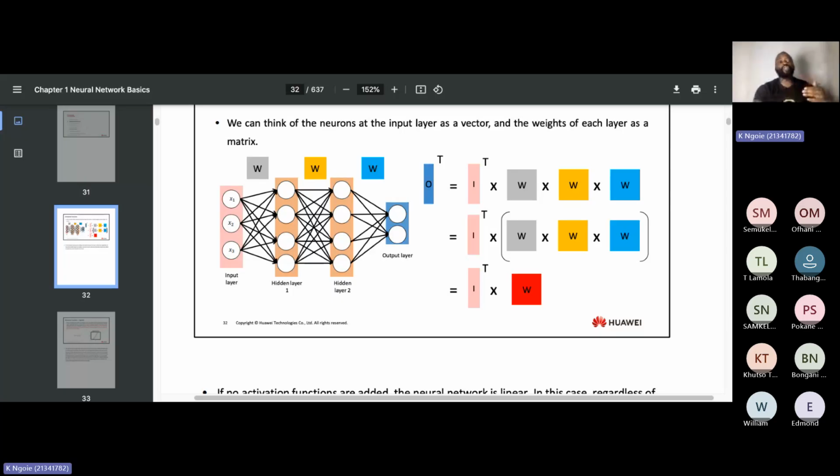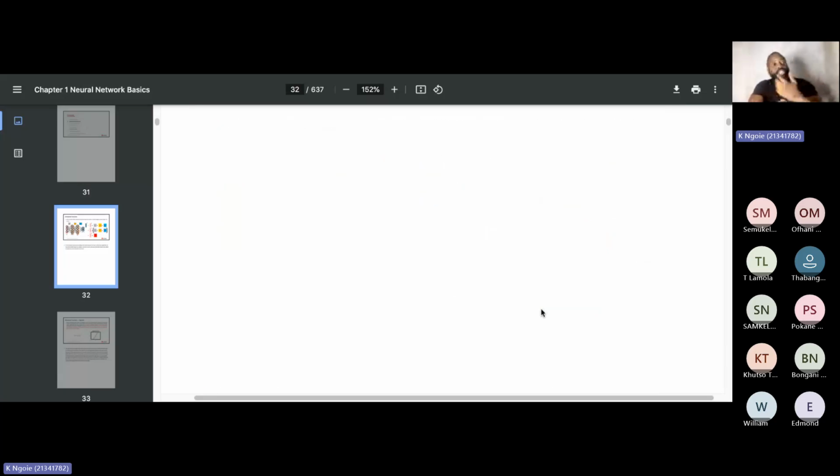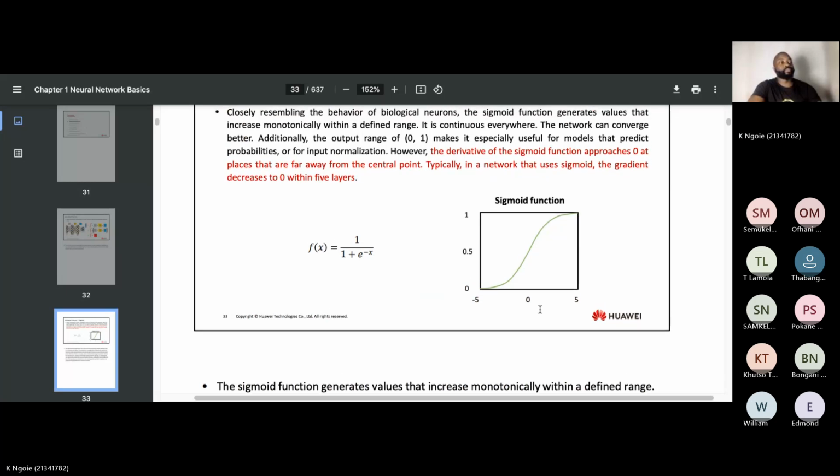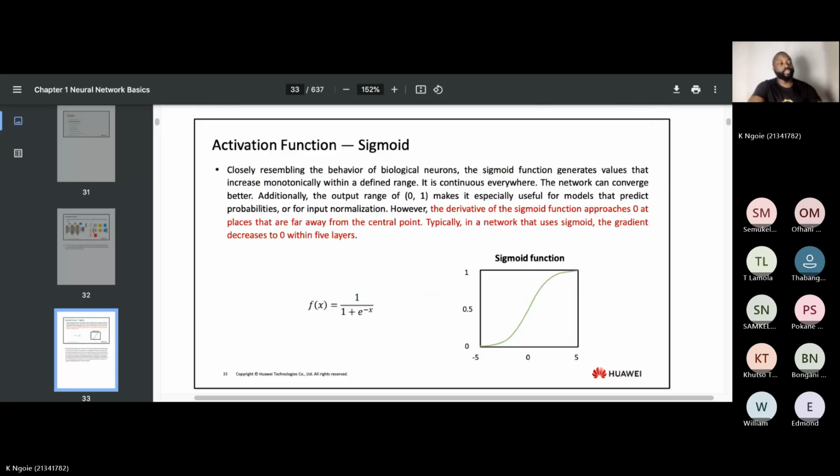So as long as you have positive values, the ReLU is going to make it 1, 1, 1, and that will help the model stay alive as you're moving through the layers. But as we move on with activation functions, you will understand it better. Yeah, no problem. All right, guys.